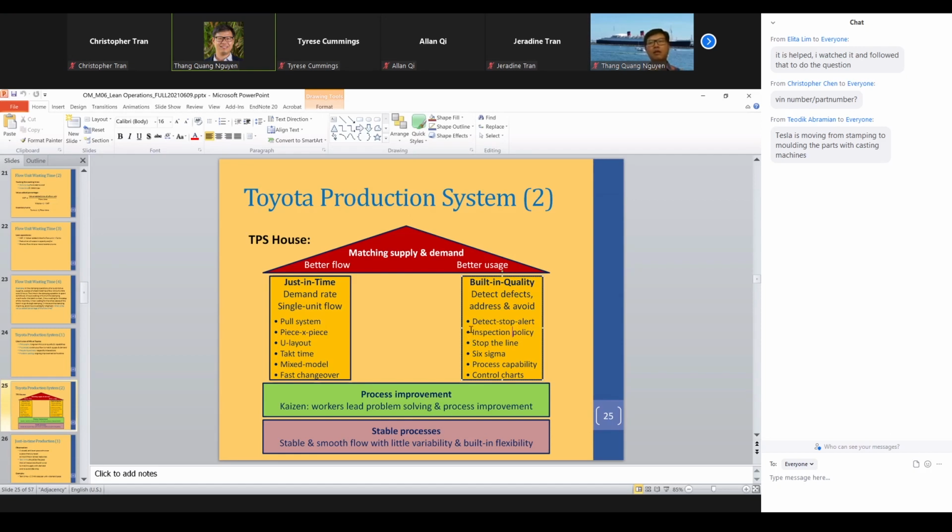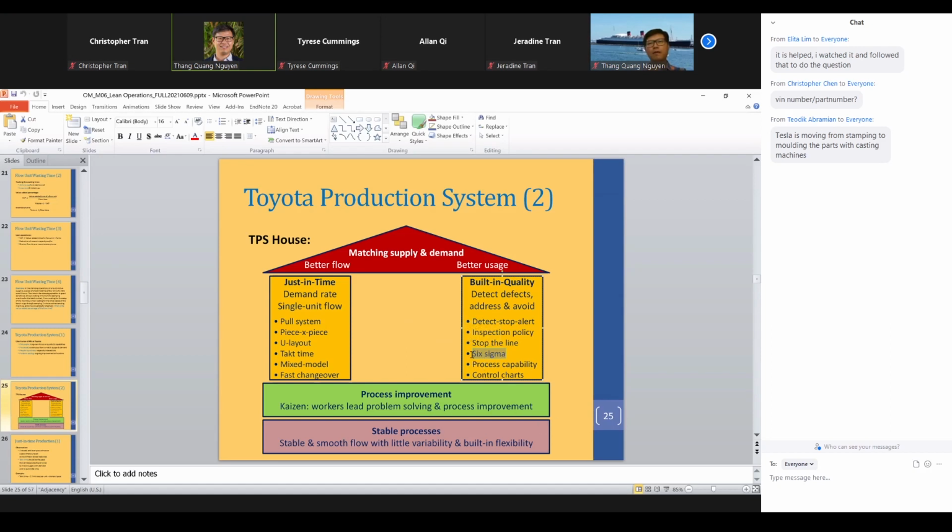Otherwise, we're going to slow down the whole process, and then it costs more to hire more workers and have more tools and equipment, right? So stop the line is another important concept. We have to configure the process so that we can stop the line in some way. I bet you already read that in the textbook. If we have time, I will talk about that.